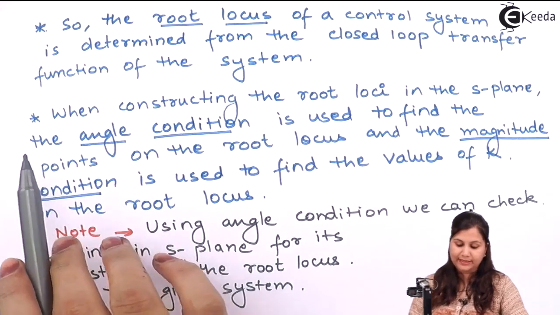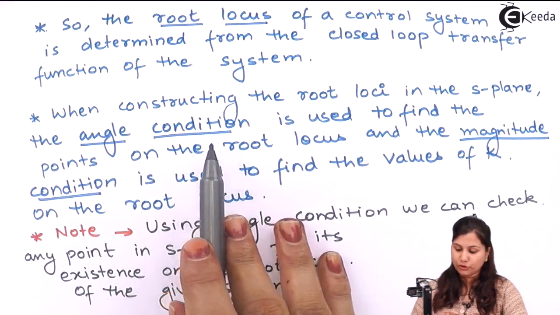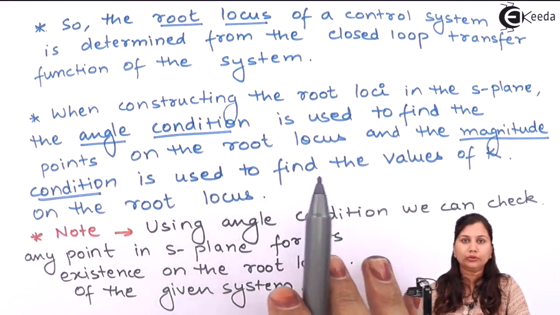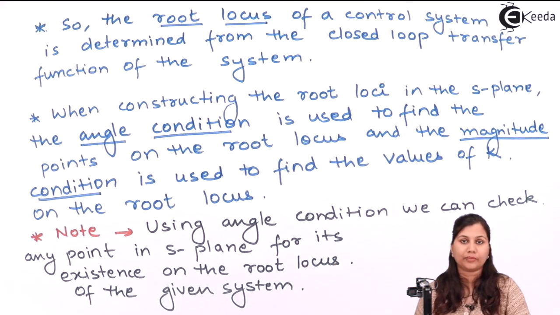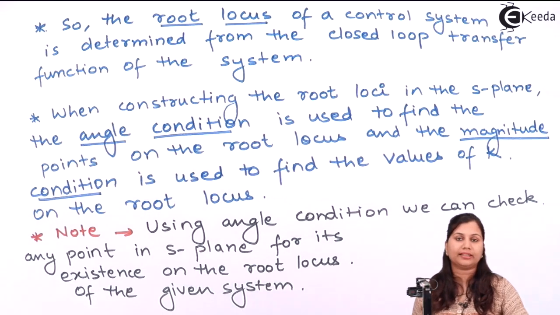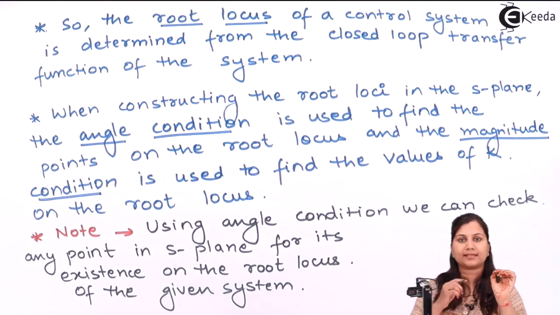As we have said, the angle condition is used to find the points on the root locus of the system. So we can use this angle condition to check whether a point exists on the root locus of the system or not.